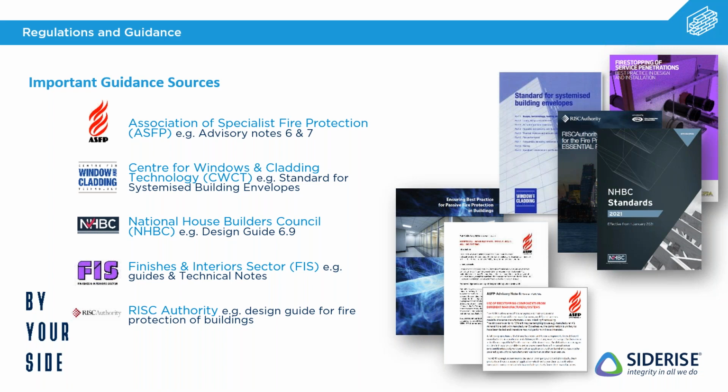You can have that not just from warranty providers or building control, but also from insurance providers, from main contractors and specifiers. And then obviously there are a lot of other sources out there, such as the FIS and the RICS authority. So it's very important to, again, be aware of these different guidance documents that are out there.